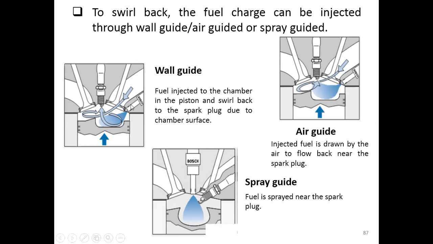In these two, the injector is away from the spark plug, so it has to depend on the help of the wall and the motion of the air. But this one depends on itself because the injector is located near the spark plugs. So this is what we call the spray guide.